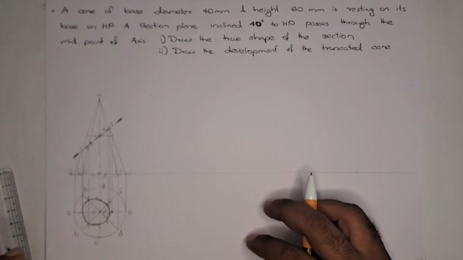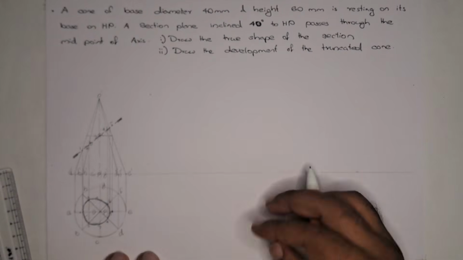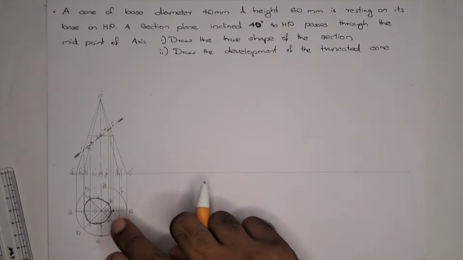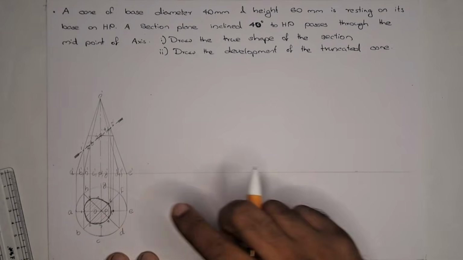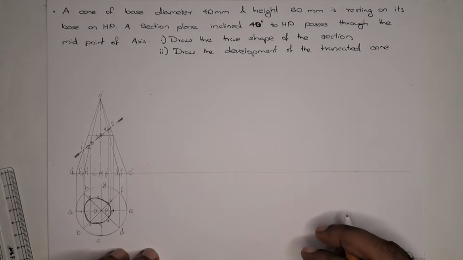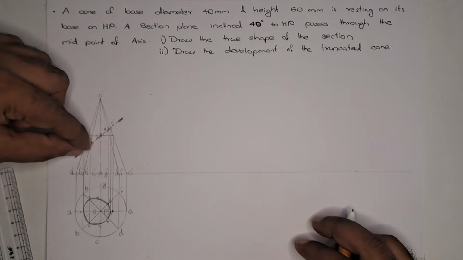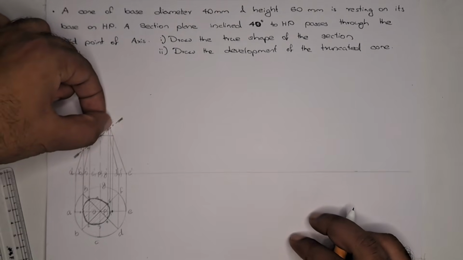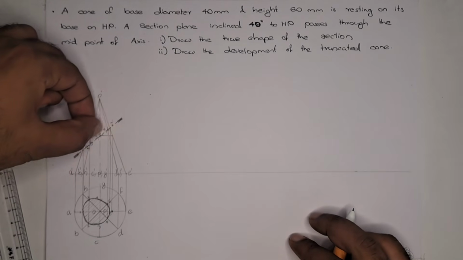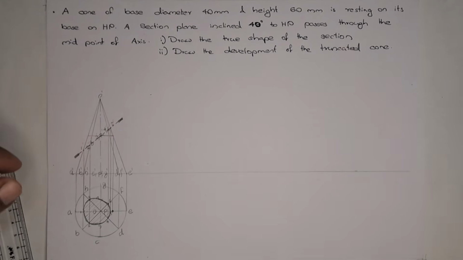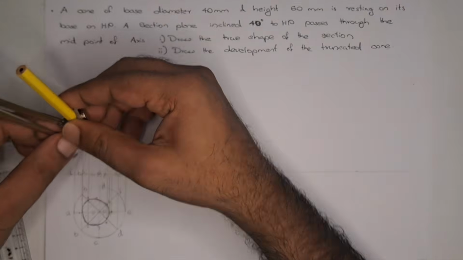So this is the top view of the section. Now we have to draw the true shape of the section. For that, we take the distance along this tilted line, and each point we mark on the XY line.